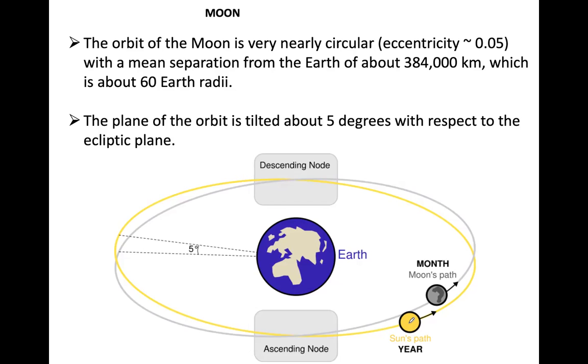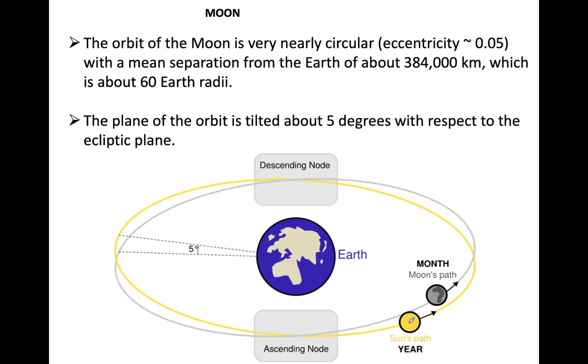Now this may answer a question you might have when we talk about eclipses. I used to have students asking me, if you have both these things in a similar path as you see in pictures, why don't we have lunar eclipses each month, right?